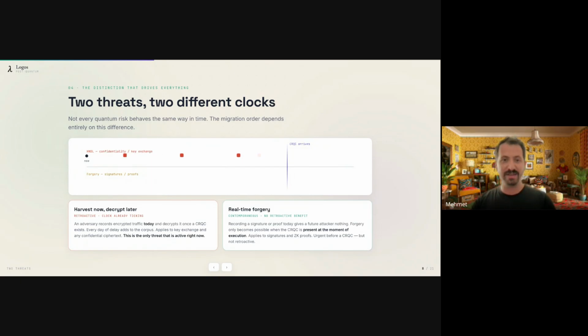Even if there is no high-scale quantum computer now, an attacker can store the encrypted text, message, or transaction, whatever it is.